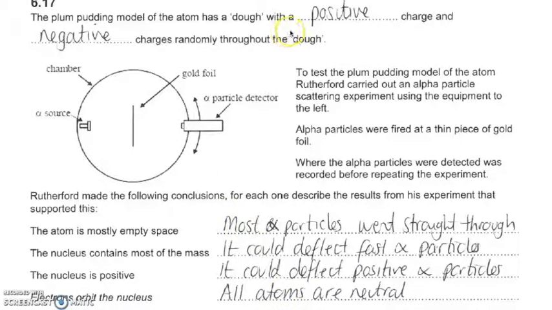So instead of the plum pudding model, in order for the alpha particles to be deflected by large angles like this, the positive charge had to be concentrated at a central point, which he thought would be the nucleus, the center of the atom. It's the only way to explain why the alpha particles deflected at such a large angle.